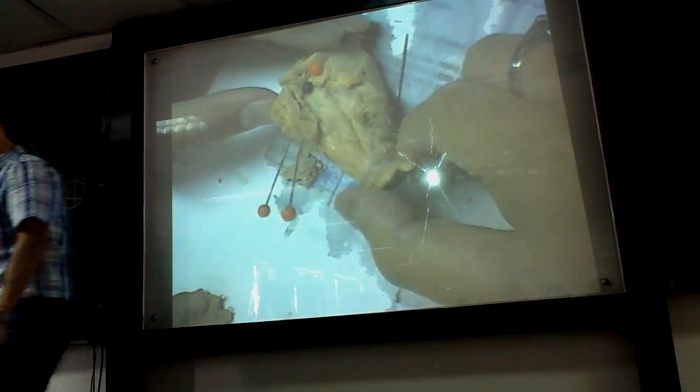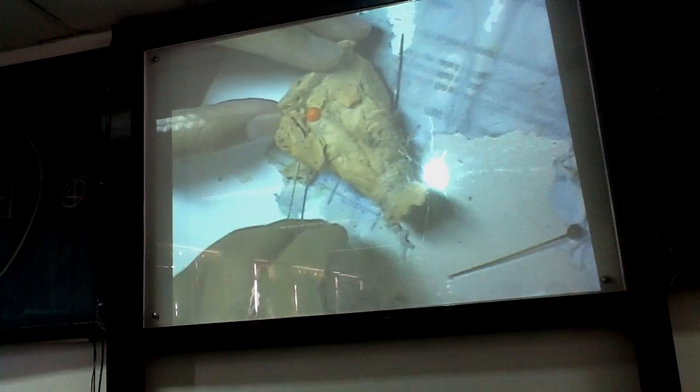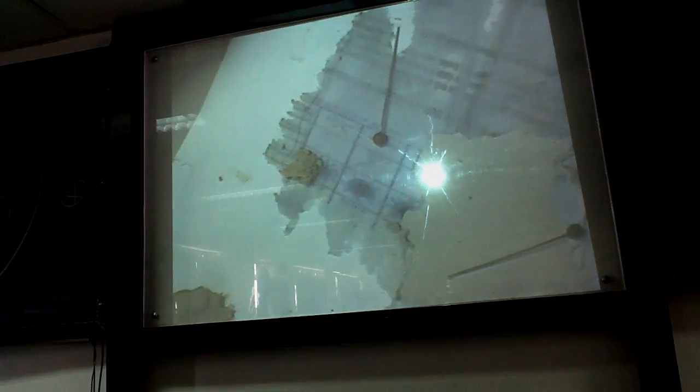Then, we go to the cut section of the brain stem.